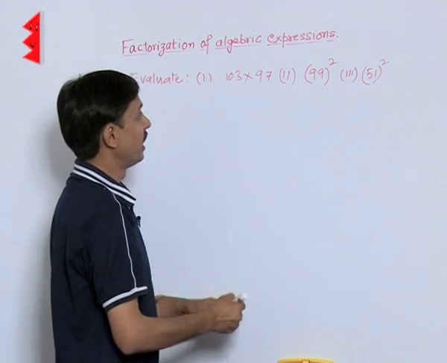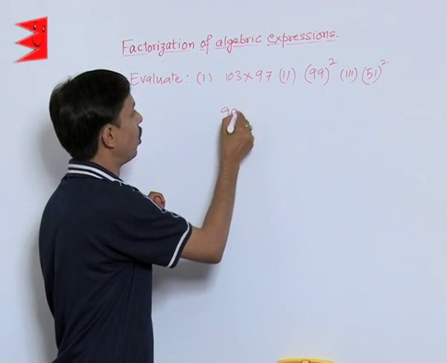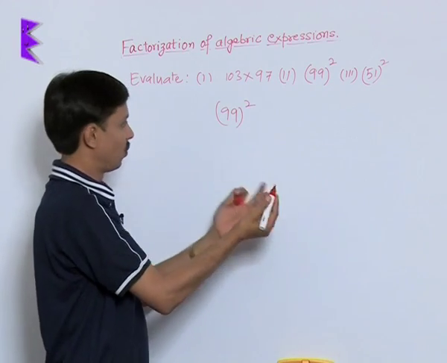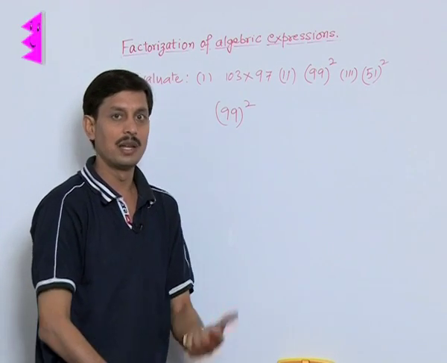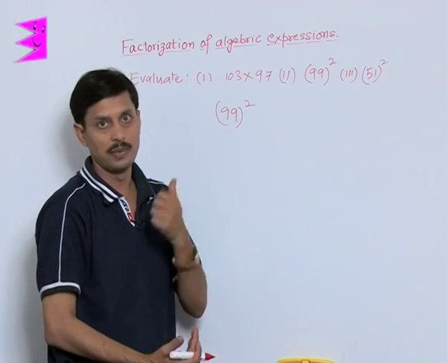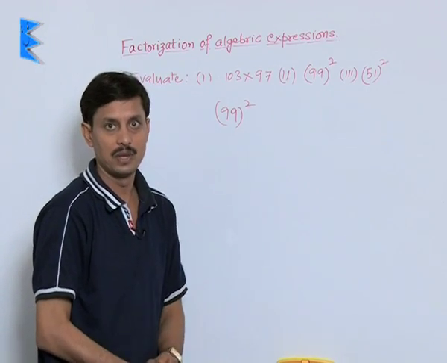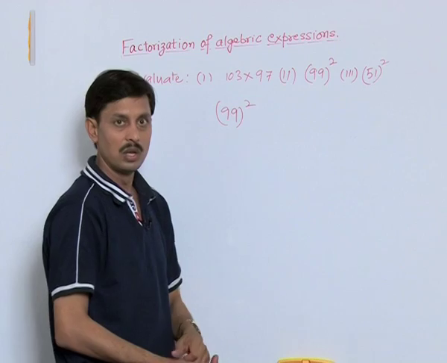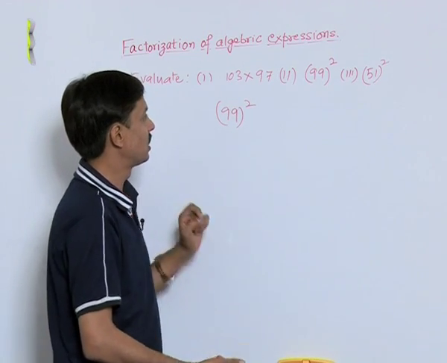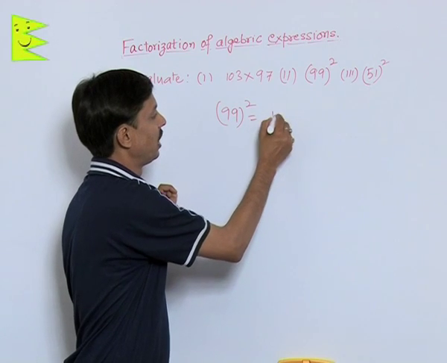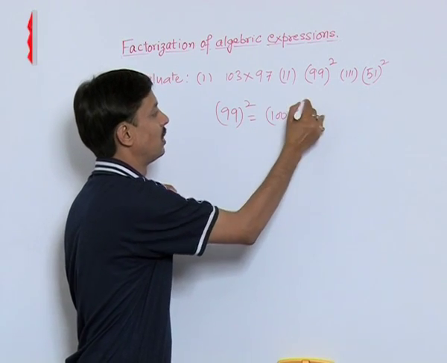The second one is 99 whole square. One method is 99 into 99, but this can be done even by a student of class 5 or 4 who knows the multiplication of 2-digit numbers. But here in class 9th, you can say it is (100 − 1) whole square.